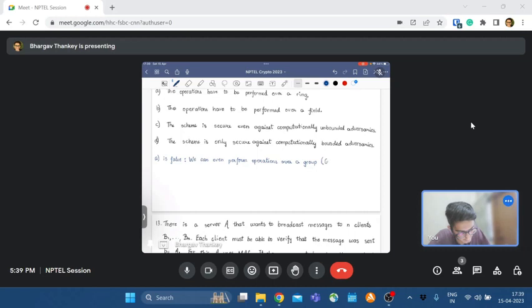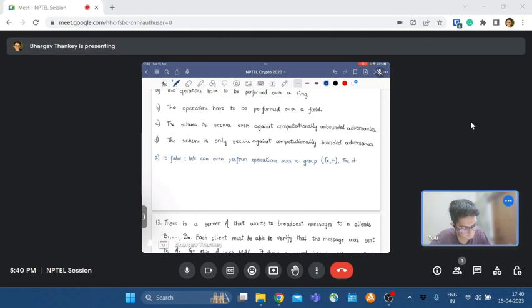Let me call that group G. Since this is the additive secret sharing scheme, I'll use the additive group, but you can also do the same thing with the multiplicative group. So the dealer picks S1 to Sn minus 1 uniformly at random from the group.